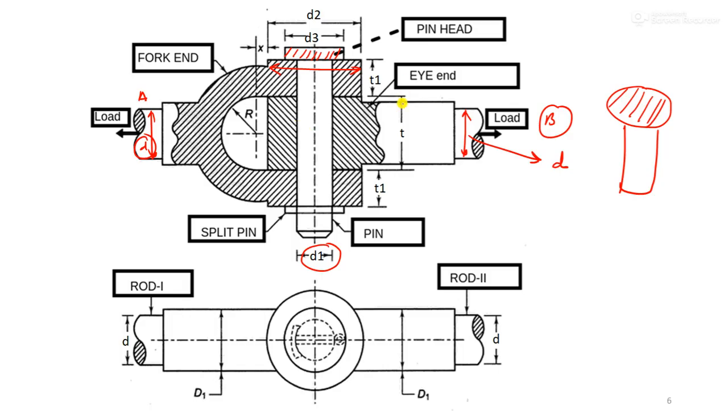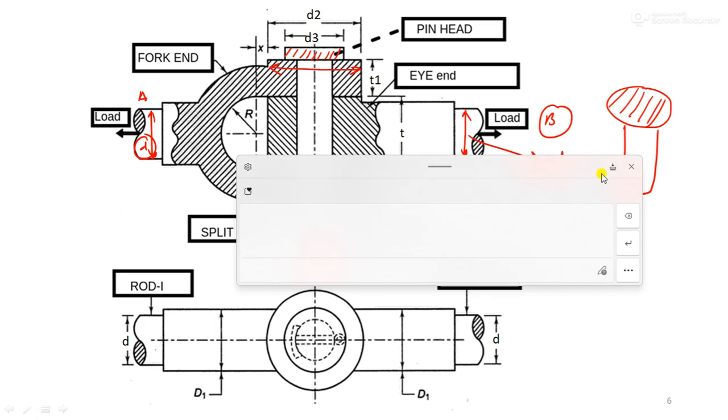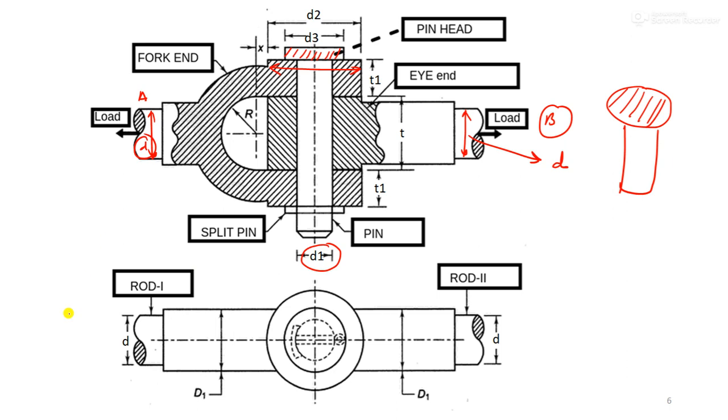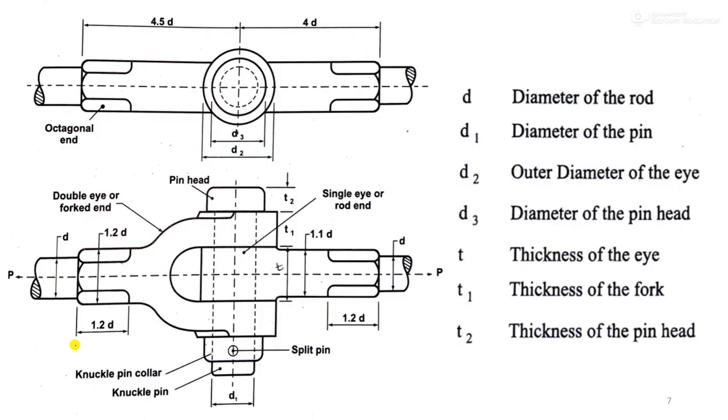You can refer to any of the figures. This figure I have explained just for your understanding. This figure is available in some books, so you can refer to that figure as well. This figure is available in the PSG Design Data Book.